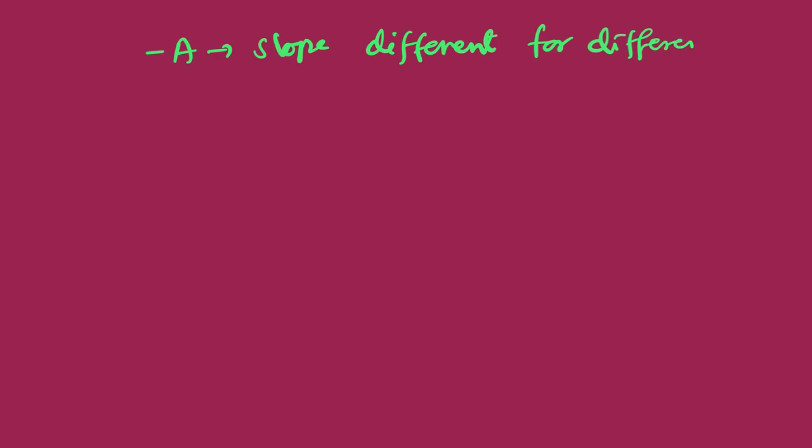Now A is a constant, that is the slope, minus A is the slope. Therefore this is different for different types of electrolyte.